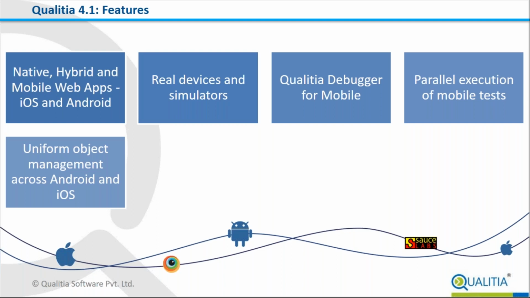All you need to do is take the object class from Android or object type from iOS and put it into Qualisha while creating an object, and Qualisha will intelligently map it for you to a universal object within Qualisha.